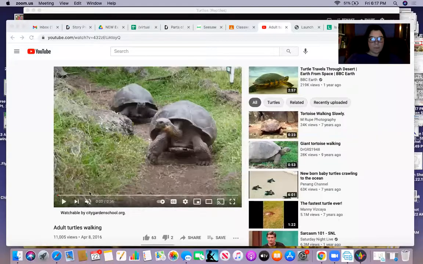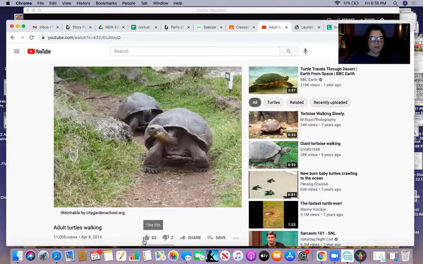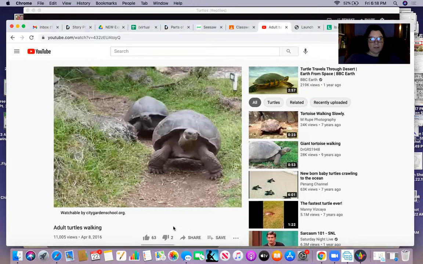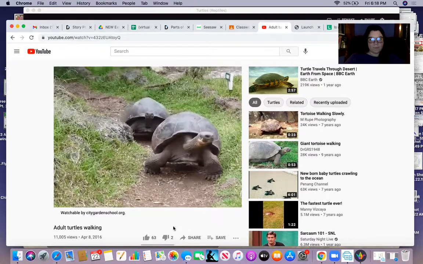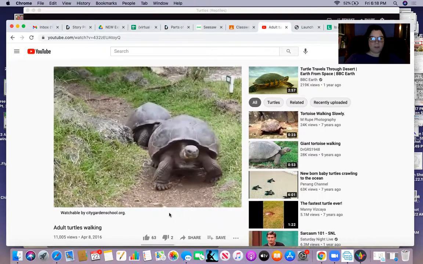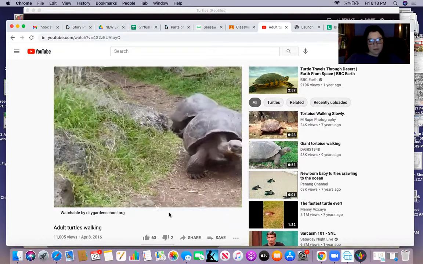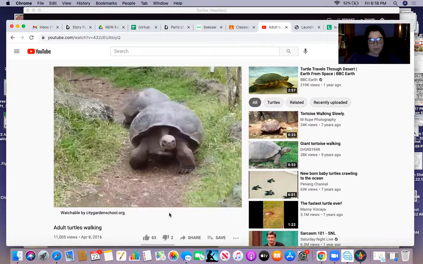and share my screen. So here we go. Here are some land turtles. Usually see those kind of turtles at the zoo. Those big guys.